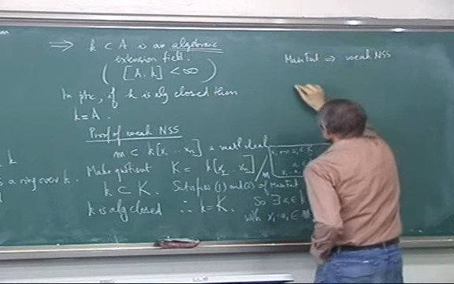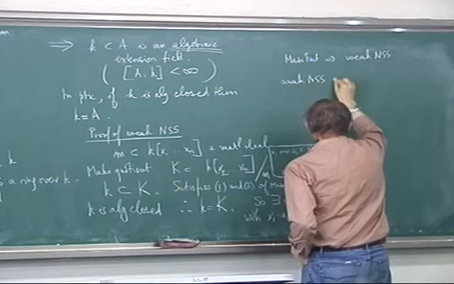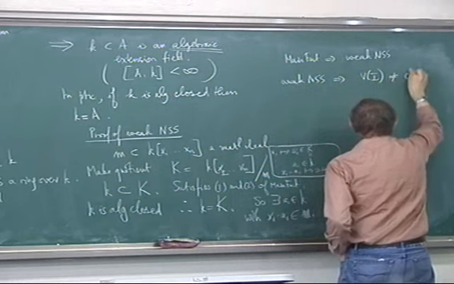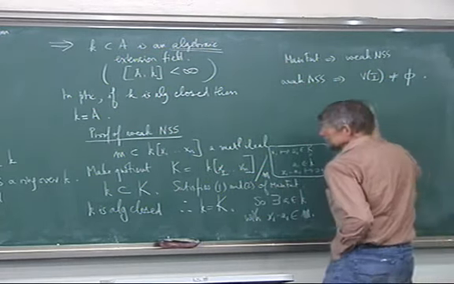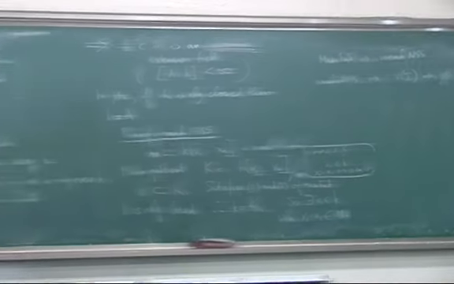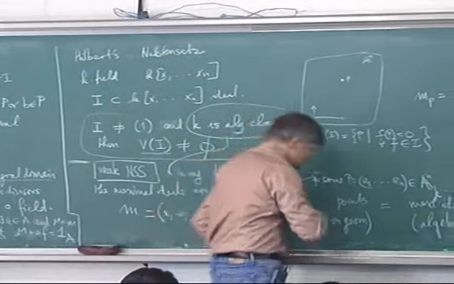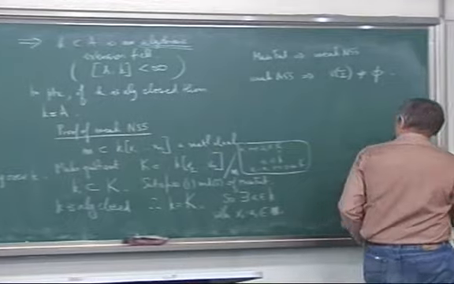Right. I want to say that also the weak Nullstellensatz implies that V of I is not empty, in this statement here. So why is this?